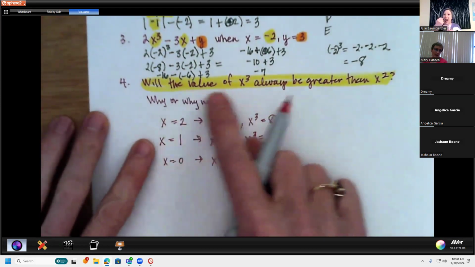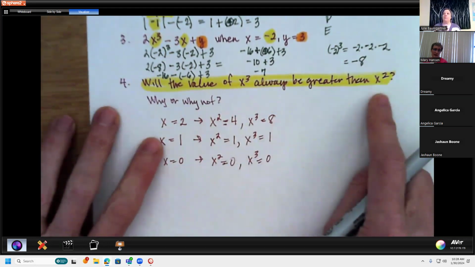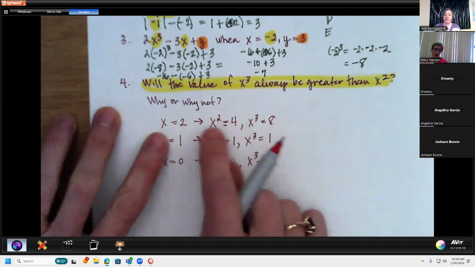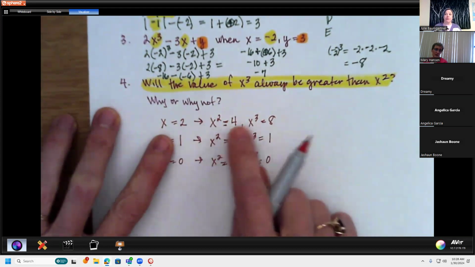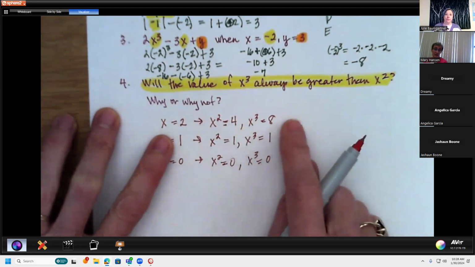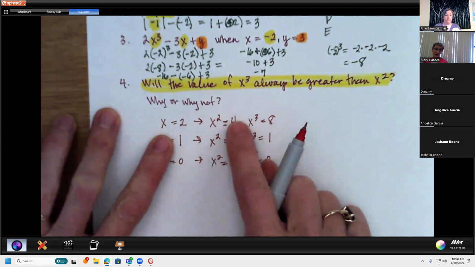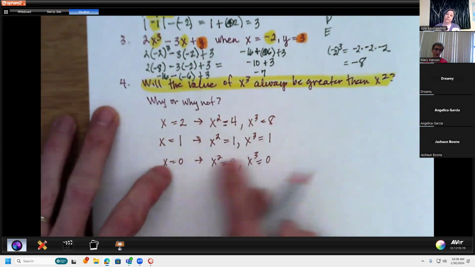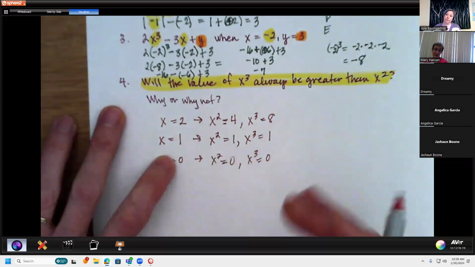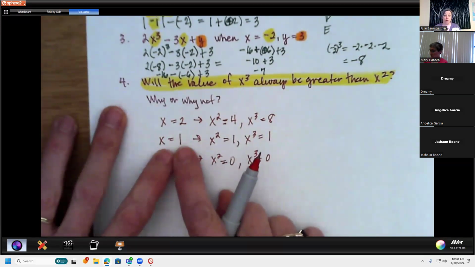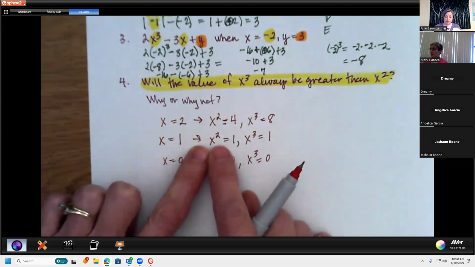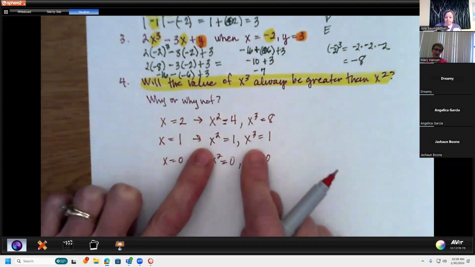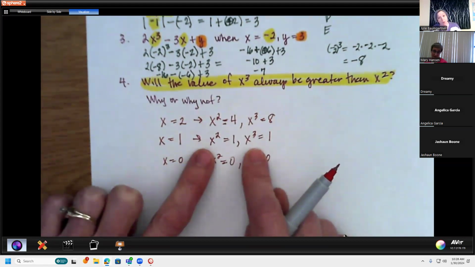Okay. This said, will the value of x cubed always be greater than x squared? If you pick a number like 2, 2 squared is 4, 2 cubed is 8. And so that would be yes, x cubed is greater than x squared. Ryan picked out 2 cases that are different than the ones I was thinking of. He says if x is 1, then x squared is 1 times 1, which is 1. And x cubed is 1 times 1 times 1, which is also 1.